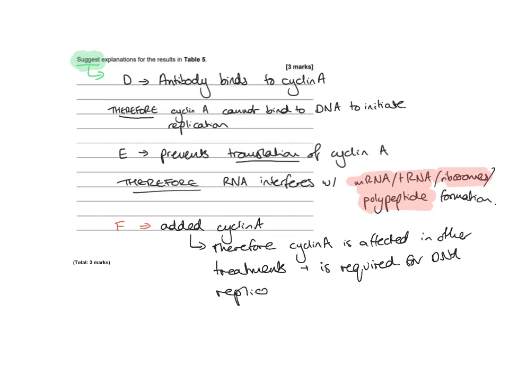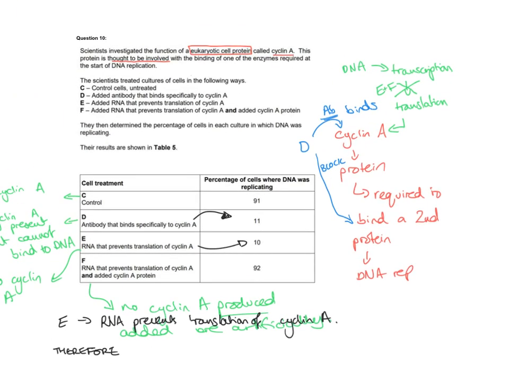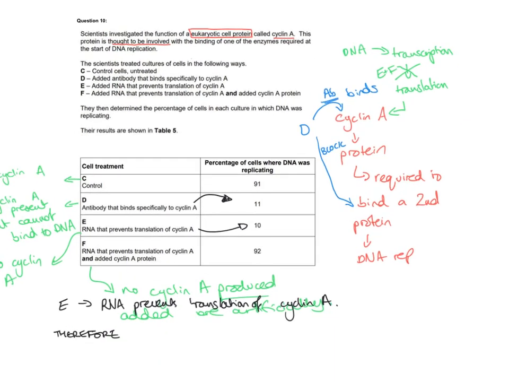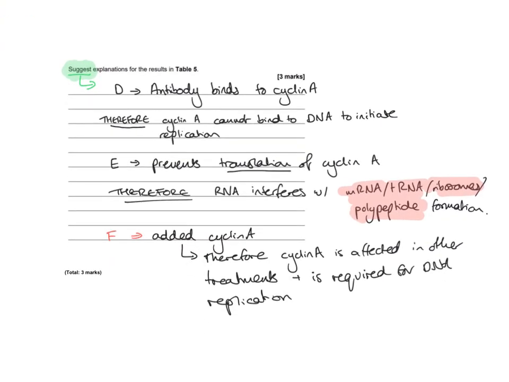What do I mean by that? Well, if we just scroll up quickly, then we can see up here it says scientists investigated the function of cyclin A. This protein is thought to be involved. So it's thought to be involved. F is the one that helps us to prove that it must be involved.